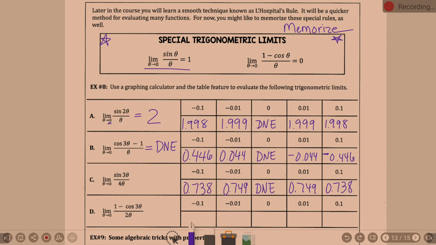What is that leading us to believe? 3/4. Right. 0.750 is what it's leading us to believe, which is 3/4. Again, does that make sense with your memorization one? Yes. And that's the one we see the most.